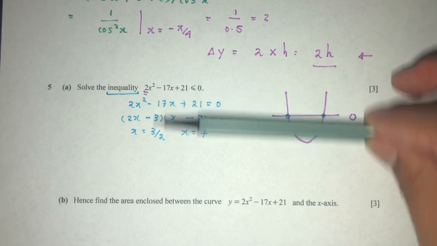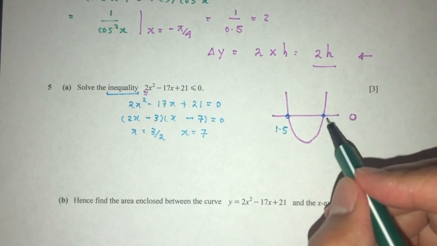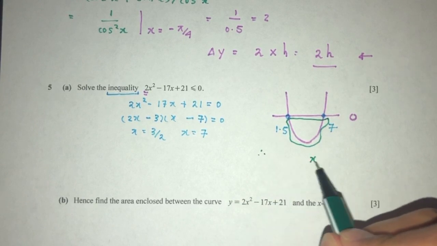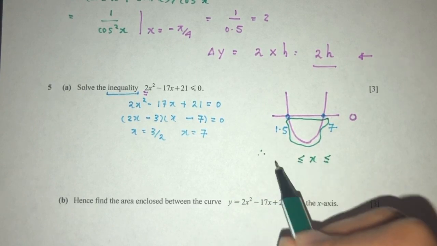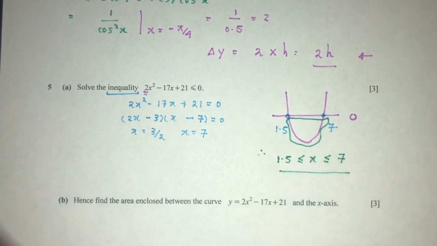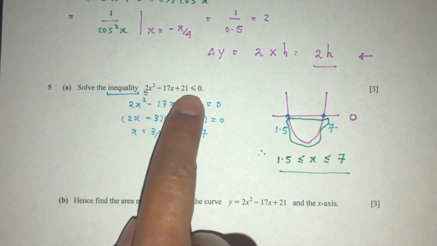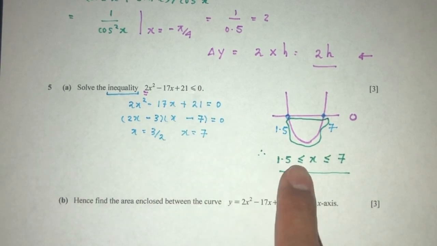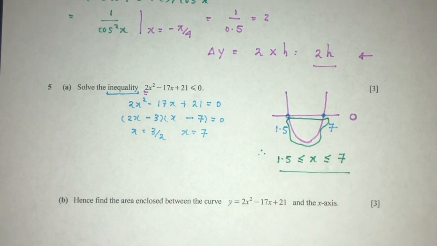So less will be below, right? That will be this part right here. So hence, x will have to be between 1.5 and 7. So these are the values of x for which this inequality is satisfied. Now we have an equal sign here, so we have to write equal as well. That will be part A of your question.